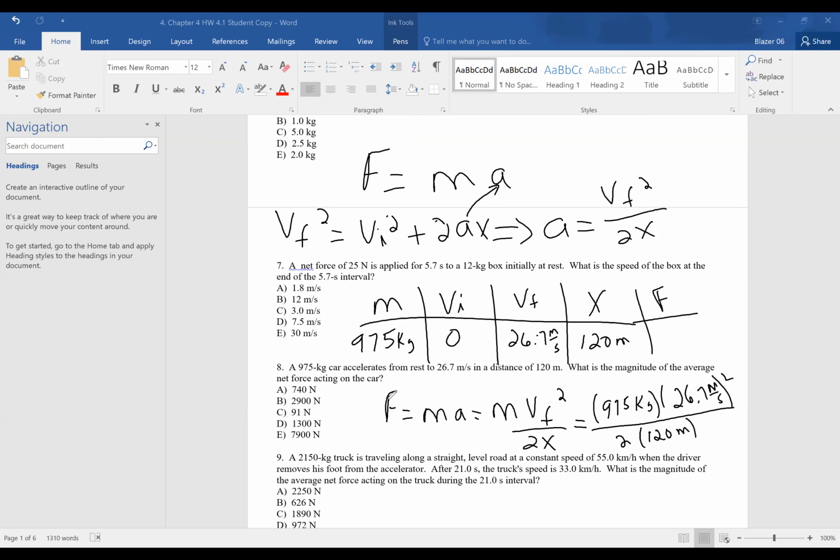So when I put in my calculator 26.7 and square it, multiply that by 975, divide it by 2, and divide it by 120, that will give me a number in newtons. So let me see what your number is. I want to see your number on your calculator before you tell me whether it's A, B, C, or D. Everybody go ahead and put your numbers in. I got 2 so far.